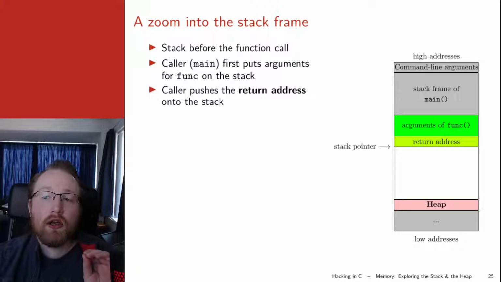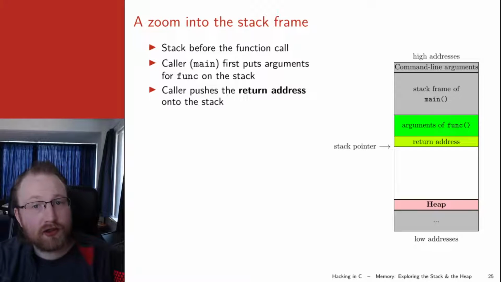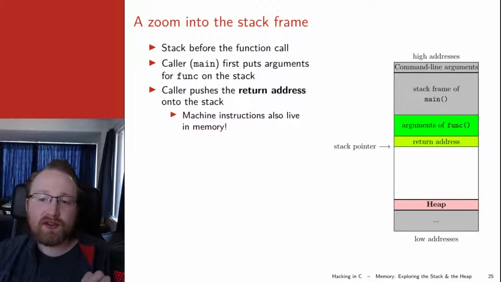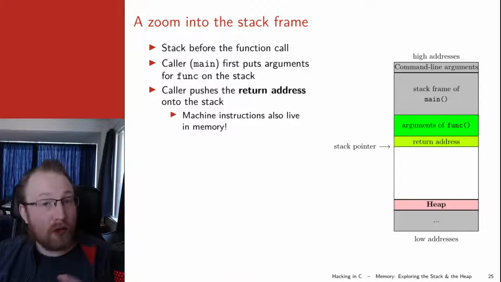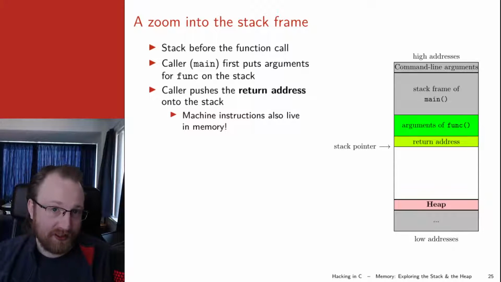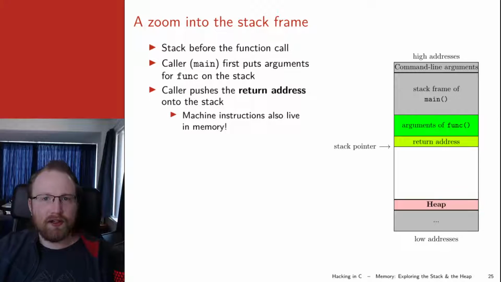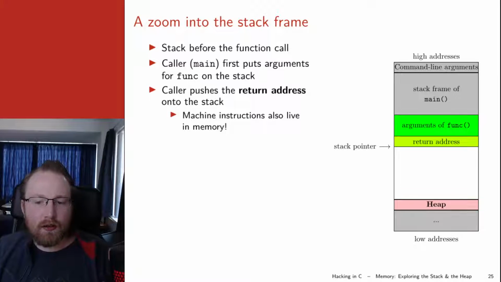And remember, a program is just machine instructions operating on bytes, right? Those machine instructions are also bytes that live in memory. And most computers nowadays expose themselves as a von Neumann architecture. You've probably heard of the von Neumann and Harvard architectures as different ways of building a computer, where the Harvard architecture separates the instruction memory and the data memory, whereas the von Neumann architecture treats these as one.